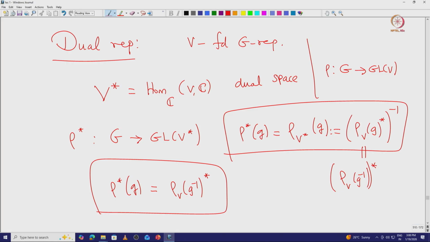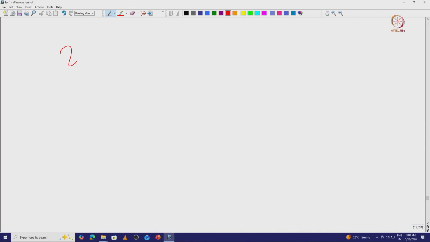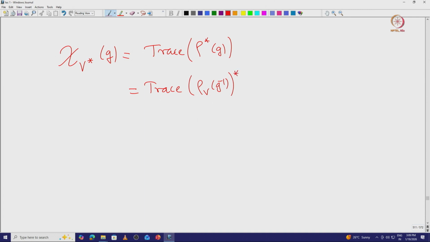So this defines a well-defined G representation on the dual, and it is easy to prove. So what will be the character of this representation? The character, which we call chi_V star of g, is exactly given by the trace of rho star of g, but rho star of g by definition is rho_V of g inverse, star.